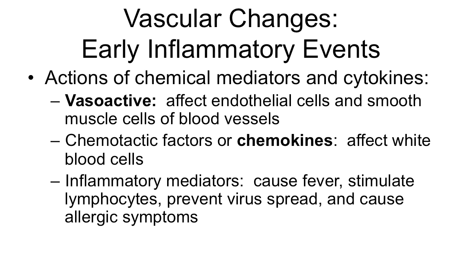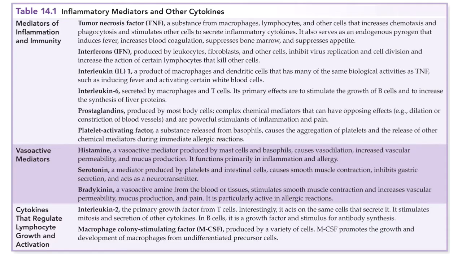The chemokines or chemical factors will then attract the white blood cells that are in the blood to come and invade the area where the inflammation is happening, and those inflammatory mediators are going to cause the fever, stimulate the lymphocytes to take action and destroy, and oftentimes prevent viral spread, and they may also be the cause of allergic symptoms if the immune response is now out of control.